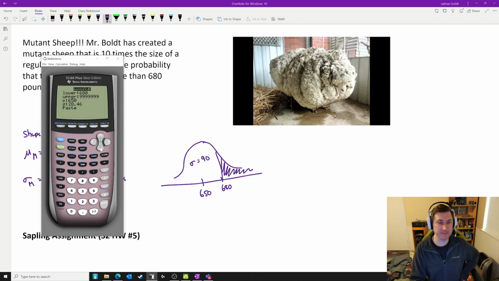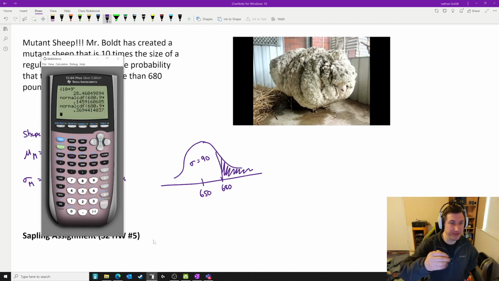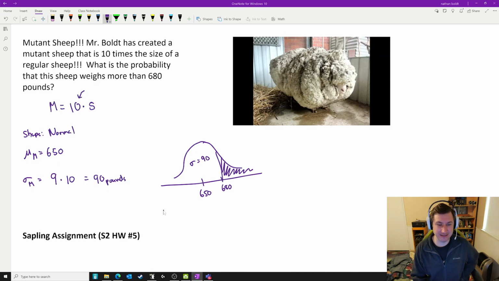So 680 is my lower, infinity is my upper, but now 90 is my standard deviation. And you can see we're much bigger now. Now the chances is 0.369. The probability that my mutant sheep is over 680 is 0.369, or roughly 37%.